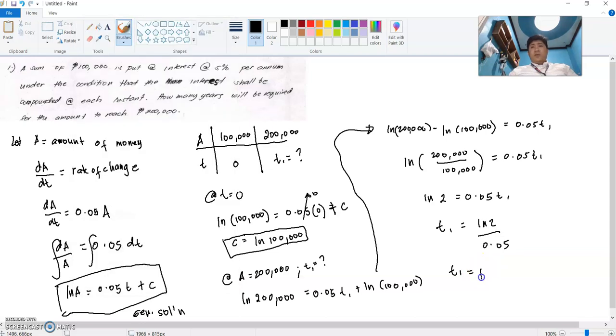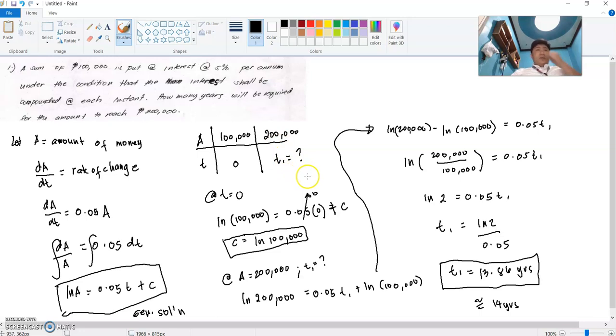So you have 13.86, or roughly 14 years. Because this is per annum, meaning per year, it takes the investor 13.86, or approximately 14 years, in order to reach the minimum of 200,000.